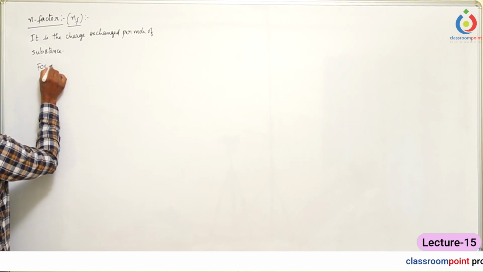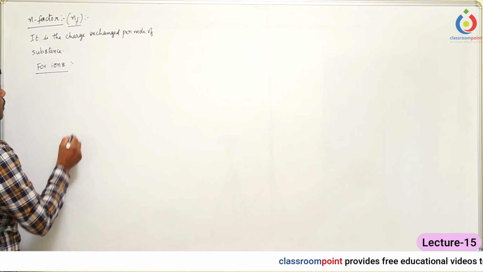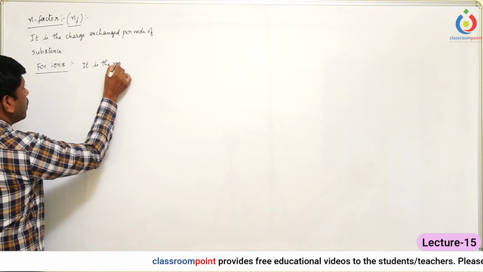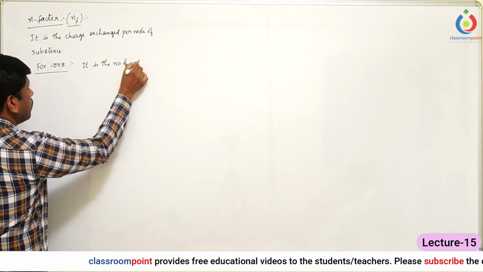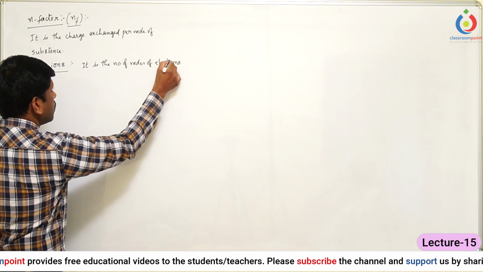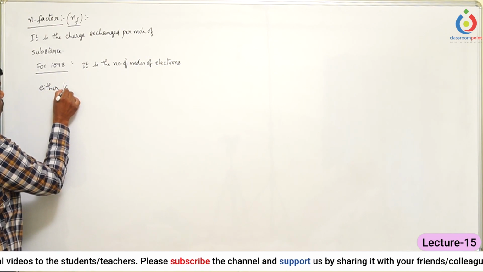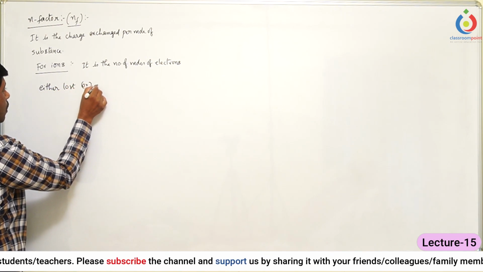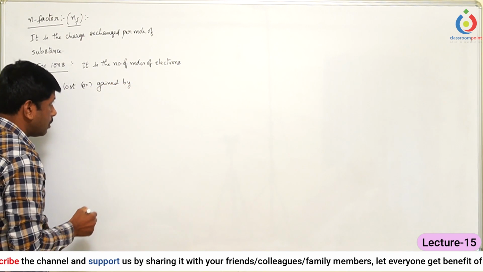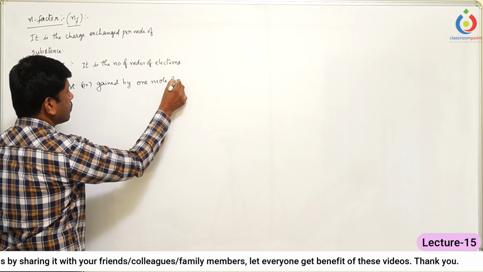For ions, it is the number of moles of electrons either lost or gained by 1 mole of ions.